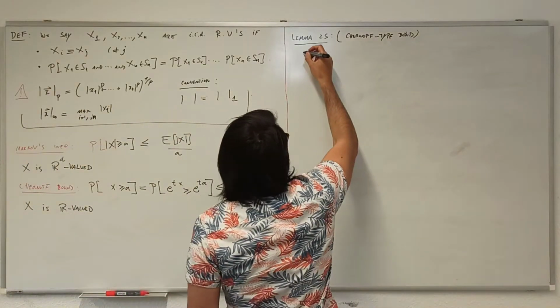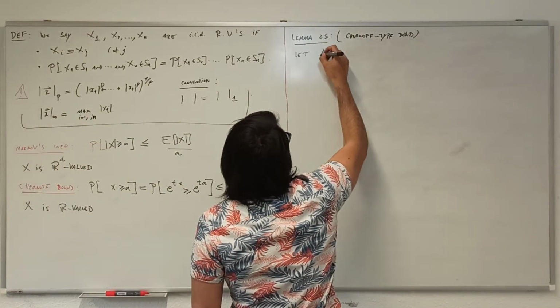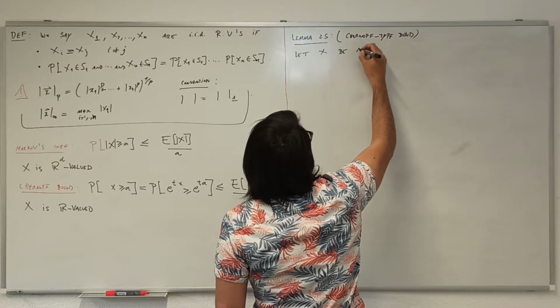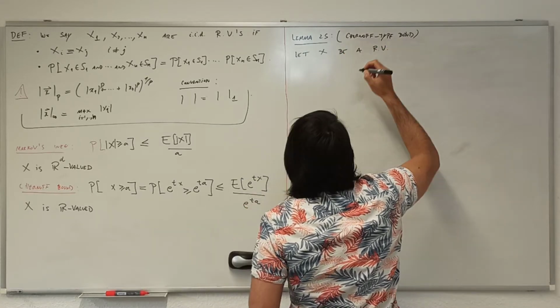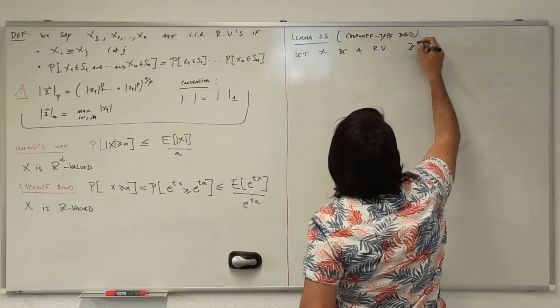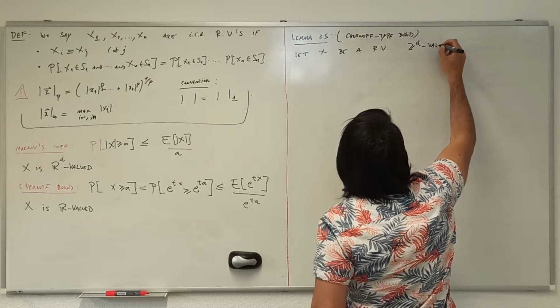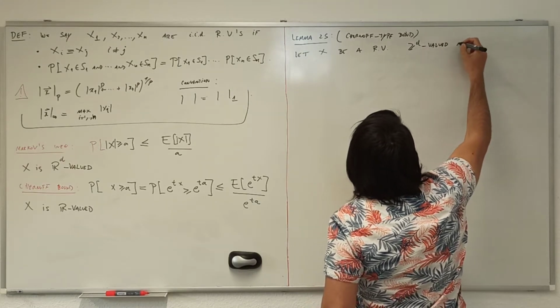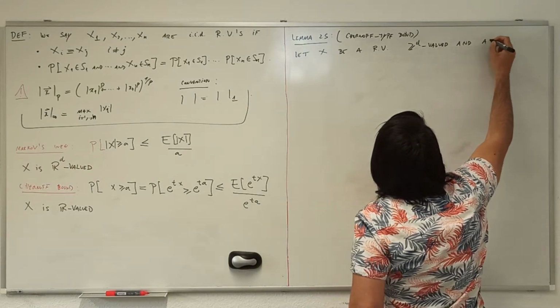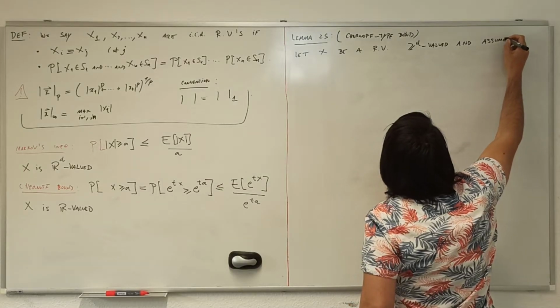So let x be a random variable, Z^d valued, and assume two things.